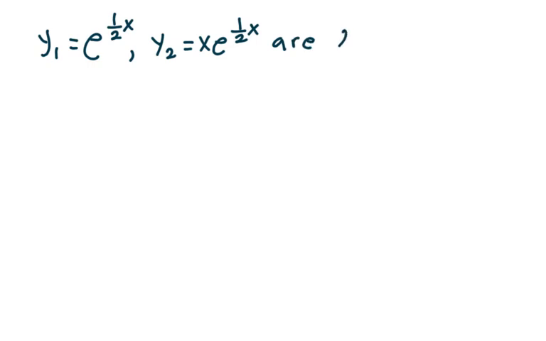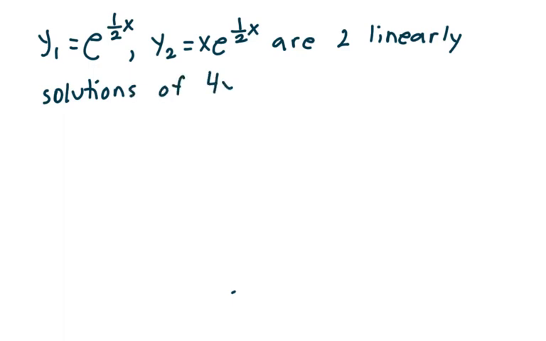So y1, which is equal to e to the 1/2 x, and y2, which is equal to x e to the 1/2 x, are two linearly independent solutions of 4y double prime minus 4y prime plus y equals 0.